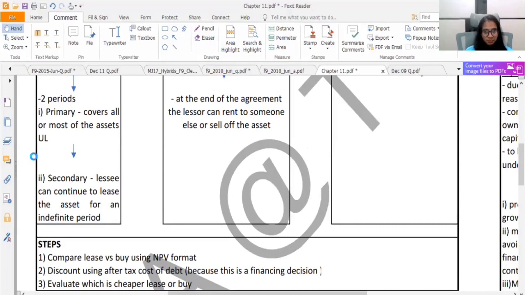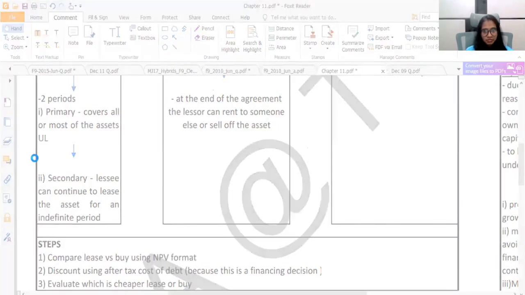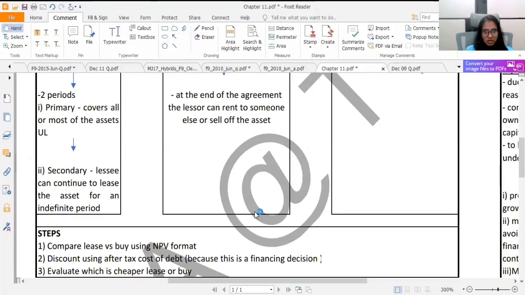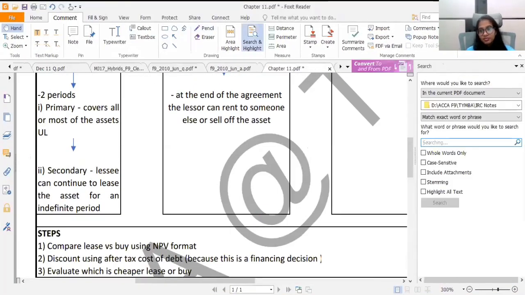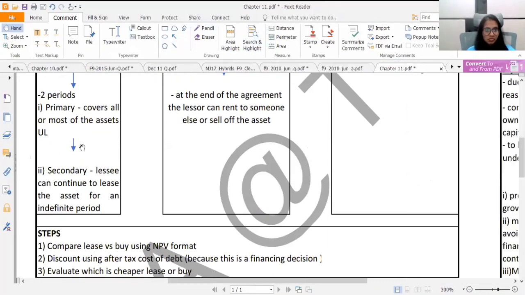Number one, you will have the primary period. This primary period will cover most of the asset's useful life.